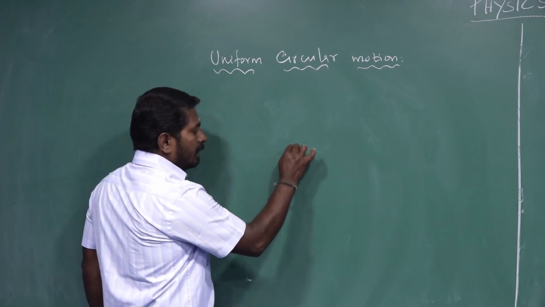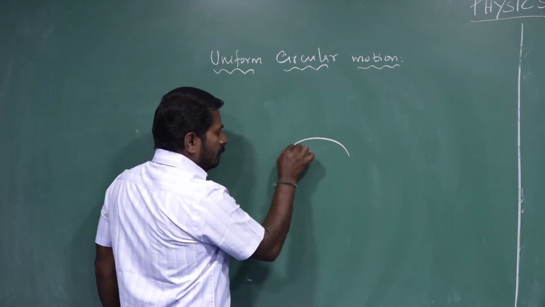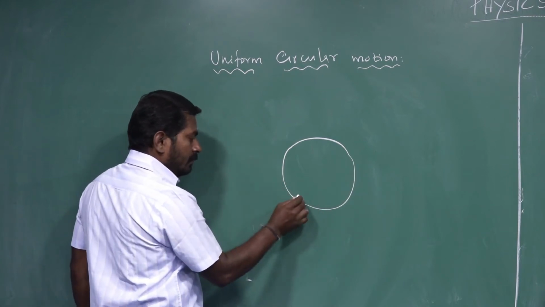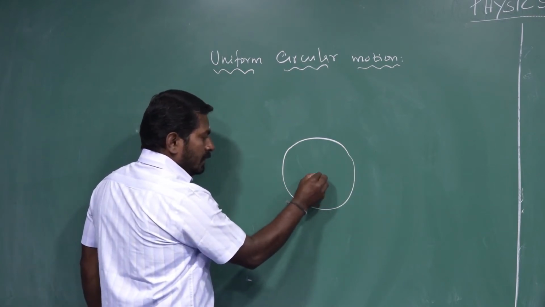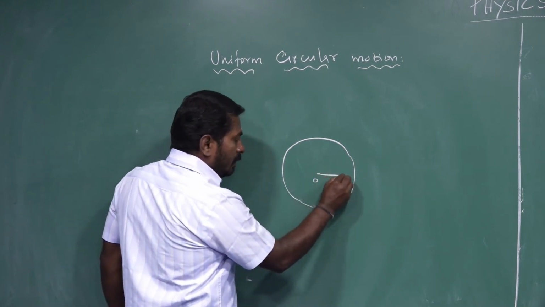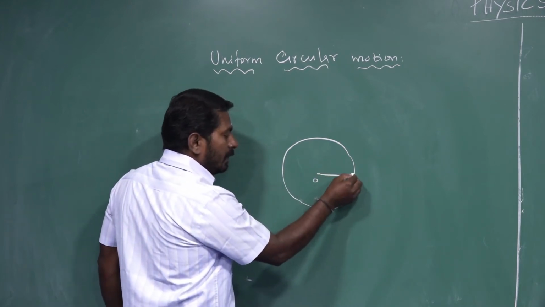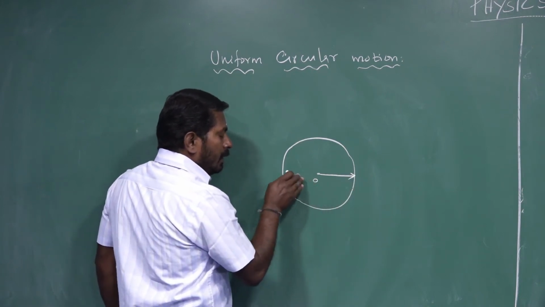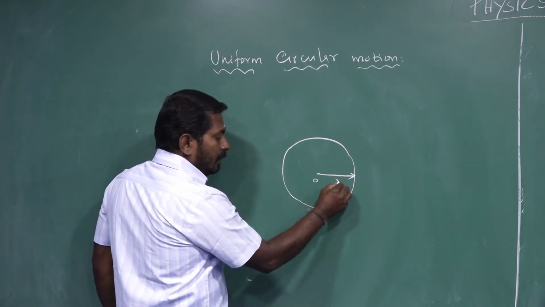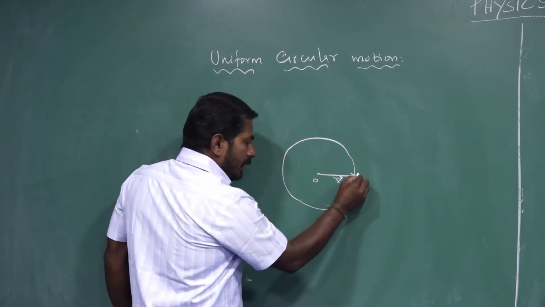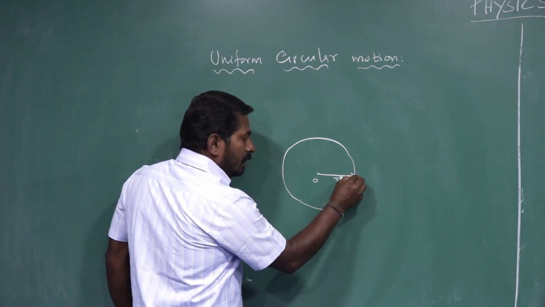Let us consider one circular path. The center of the circular path is point O. The position vector or radius vector is directed radially from the center of the circular path. Let us consider one point object.